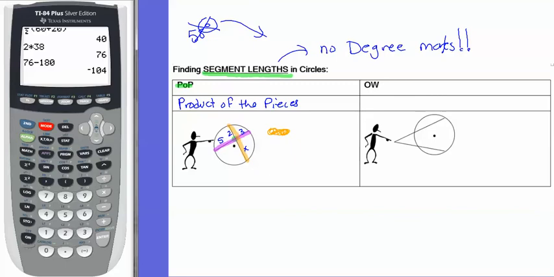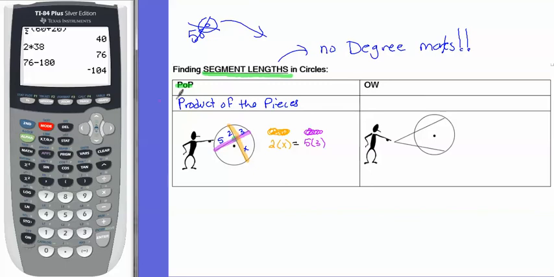When I do that, I get a 2 and an X. And what's that going to equal? Well, my purple segment, which is a 5 and a 3. Product means multiply, so I just multiply them together. Once I set up my equation, I can solve it. We're going to go over examples later. I just didn't want to confuse you by putting letters A's, B's, C's, and D's in there.